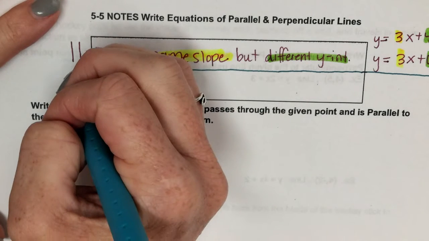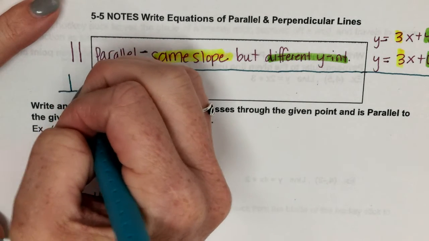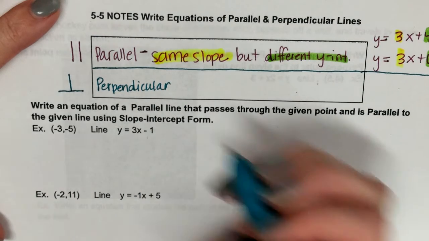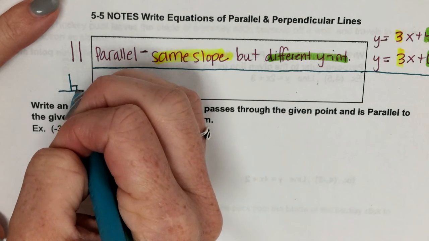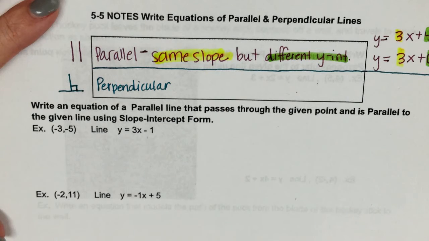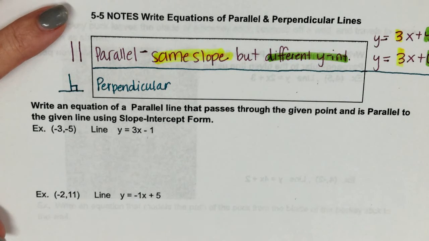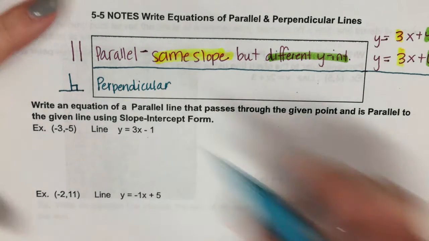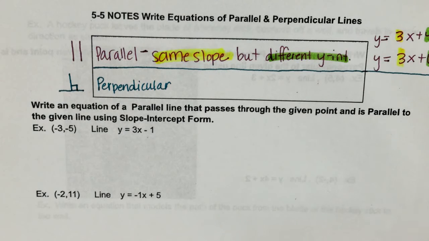So if you draw like this, and they make this perfect right angle, those are perpendicular lines. Now, they don't have to stop, they obviously keep going forever, but perpendicular lines meet at a perfect intersection of 90 degrees. Okay? These lines will have slopes that are opposite reciprocals.